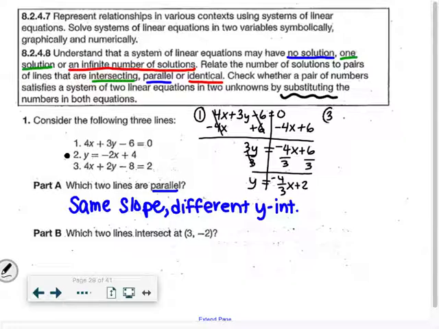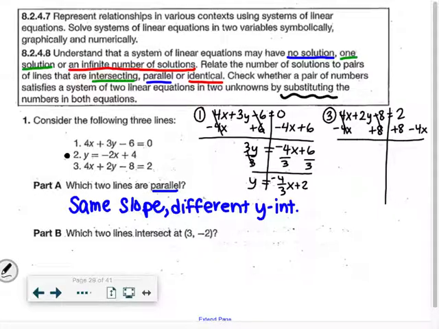So now let's check line number 3. 4x plus 2y minus 8 equals 2. So I'm going to rewrite this one. On the wrong side, I have the 4x, so I subtract it, and the 8, so I add it. So I add the 8, and I subtract the 4x. Cancel. 2y equals. I need the negative 4x first, because in slope-intercept form, you have the term with the x right after the equal sign.